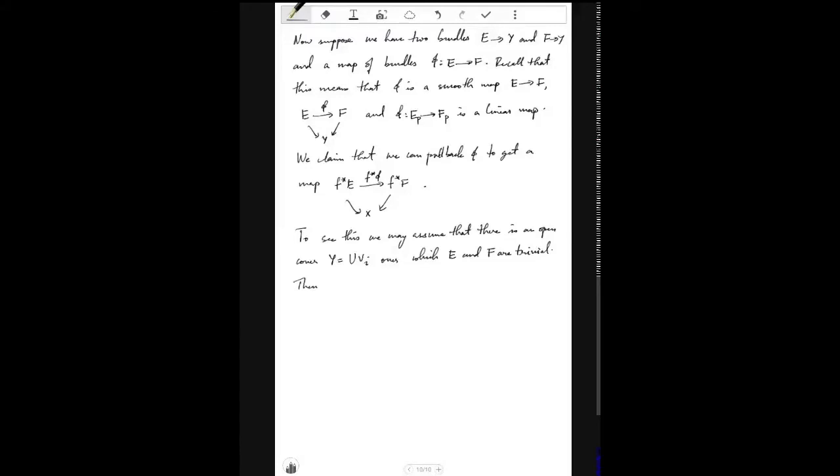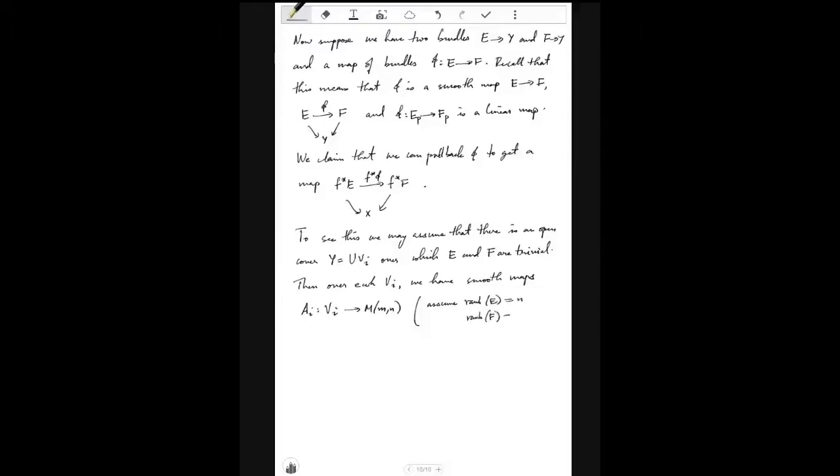Then over each V_i we have smooth maps A_i from V_i to m cross n matrices. So here we are assuming rank E is equal to n and rank F is equal to m.